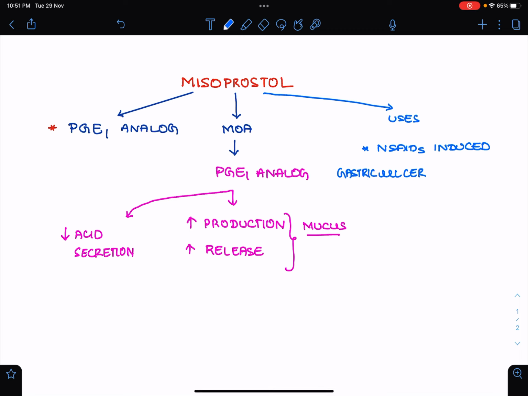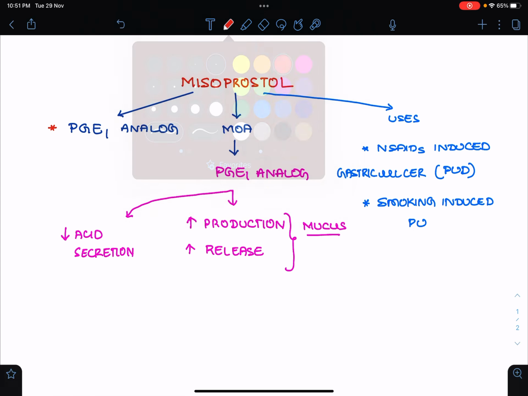So basically we are going to use it in peptic ulcer disease. And it has also been tried, and it is the specific drug of choice in the treatment of smoking induced peptic ulcer.